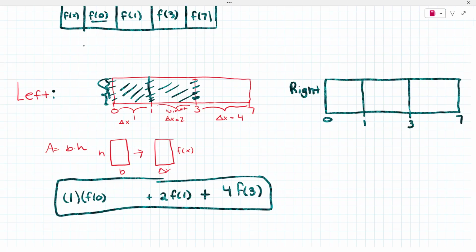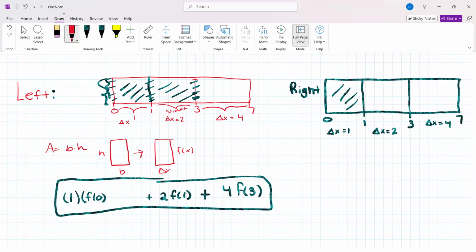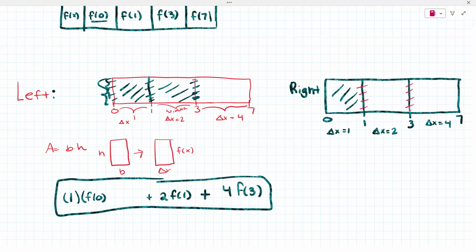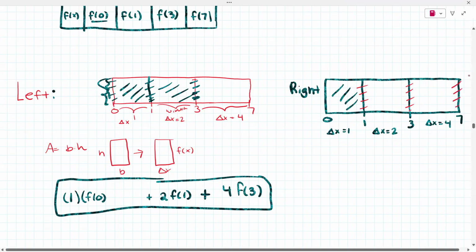From 0, we're going to find the area of this box, and the delta x is 1. Over here from 1 to 3, our delta x is 2. And then from 3 to 7, the delta x is 4. This time we only care about the right side, this height, and don't forget this side. So let's find the area of all of these three boxes.